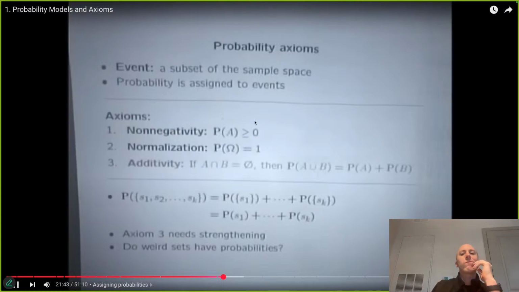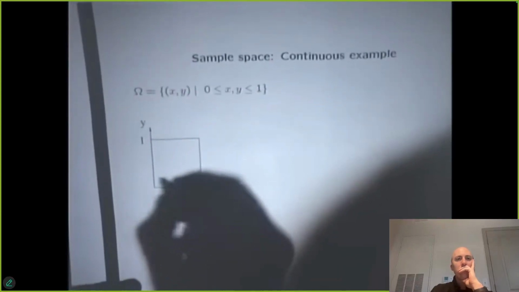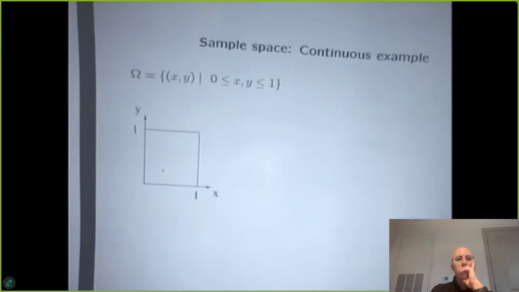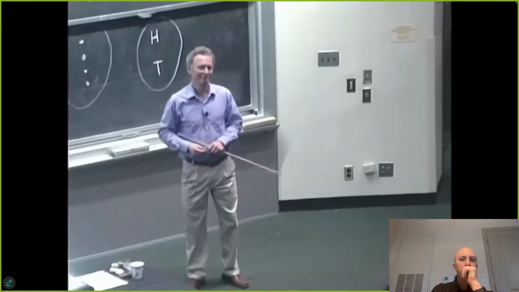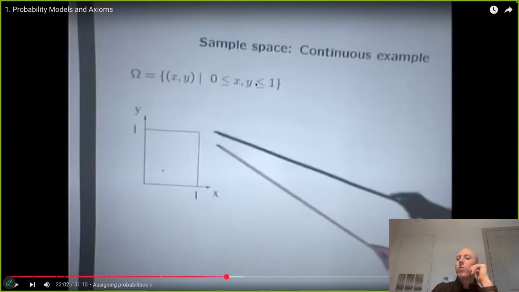To individual outcomes. If you go back to this example and you consider one particular outcome, let's say this point, what would be the probability that you hit exactly this point to infinite precision? Intuitively, that probability would be 0. By the way, that's not intuitive, a point with infinite precision.